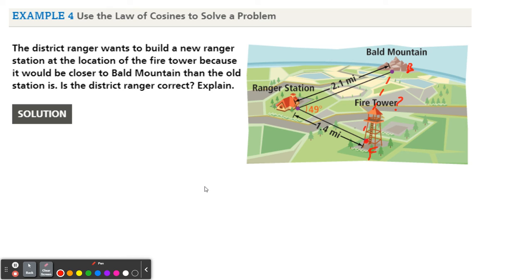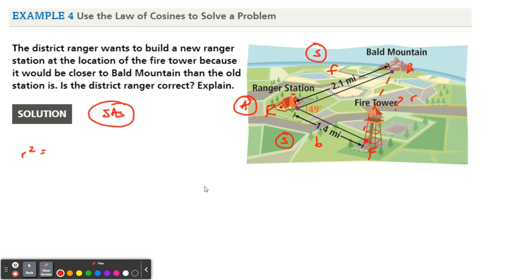If we call this R, that F, and that B, there's my triangle RFB. This 1.4 would be lowercase b, this 2.1 would be lowercase f. We don't know lowercase r, but we have side, angle, side, so we can use the law of cosines to find this missing opposite side r.